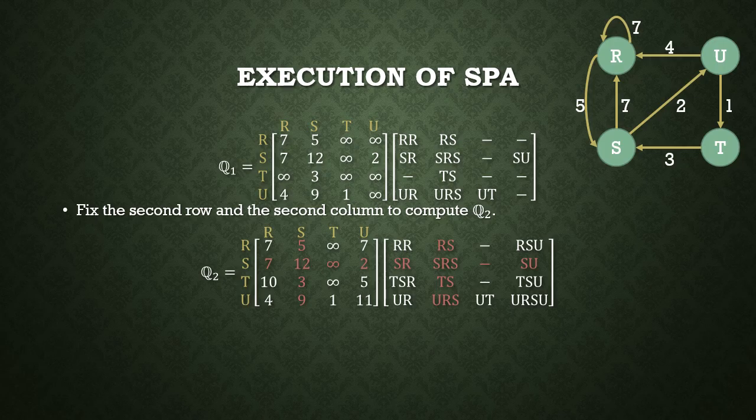What about the path? 9 is URS and 2 is SU. Drop the repeating S. The final path is URSU, which we commit for 11. This completes our matrix Q2.